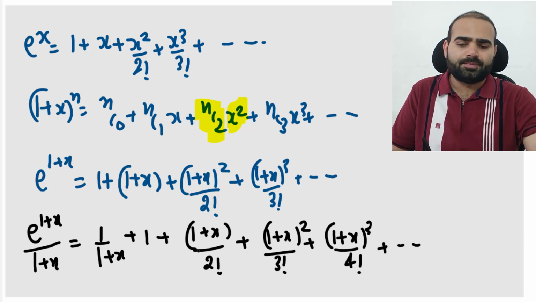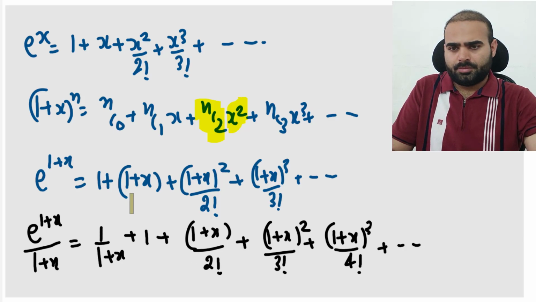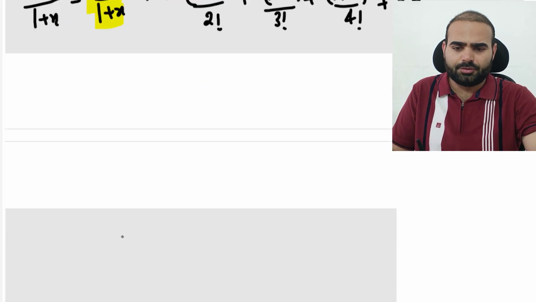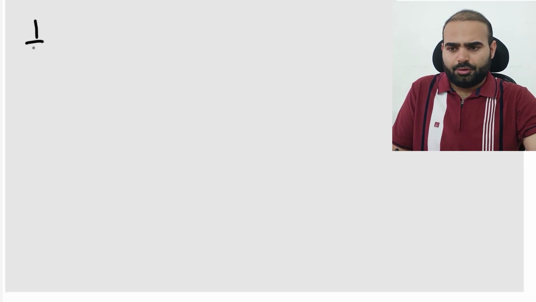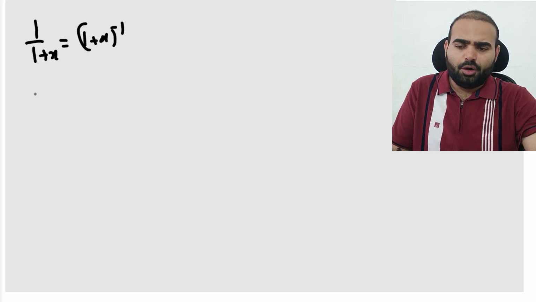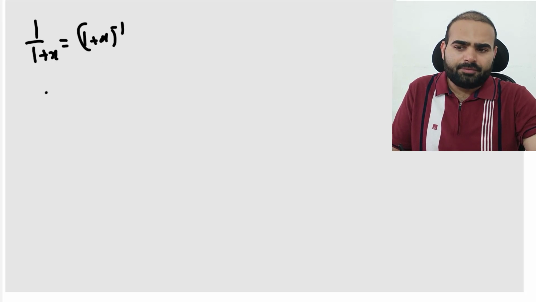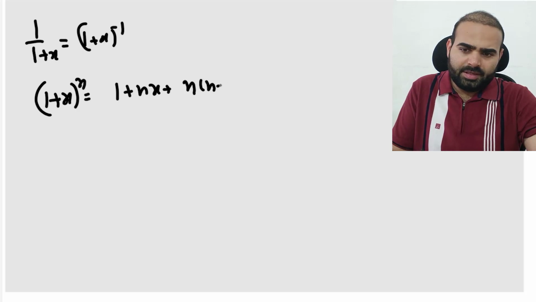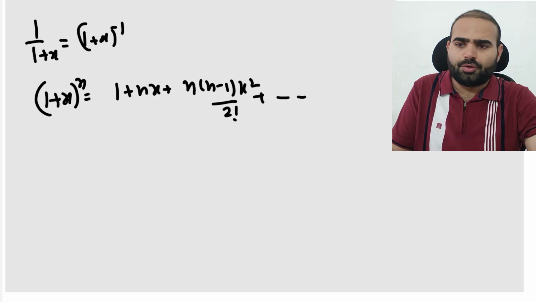The RHS will become A. But let's discuss the first term also, the expansion of 1 upon (1 plus x). It's like a GP also. Why am I saying this is the sum of a GP? Because if I want to expand, I may write (1 plus x) power minus 1. We know how to expand any power of a binomial. If you have (1 plus x) power n, we can write it as 1 plus nx plus n(n minus 1) x square upon 2 factorial and so on.